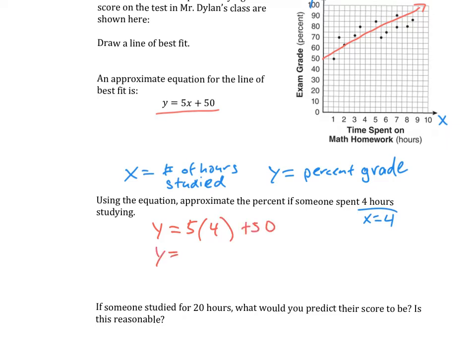So y is equal to 5 times 4 is 20, plus 50. So y is equal to 70%. We are saying that a student would get approximately 70% on the exam if they spent 4 hours studying.